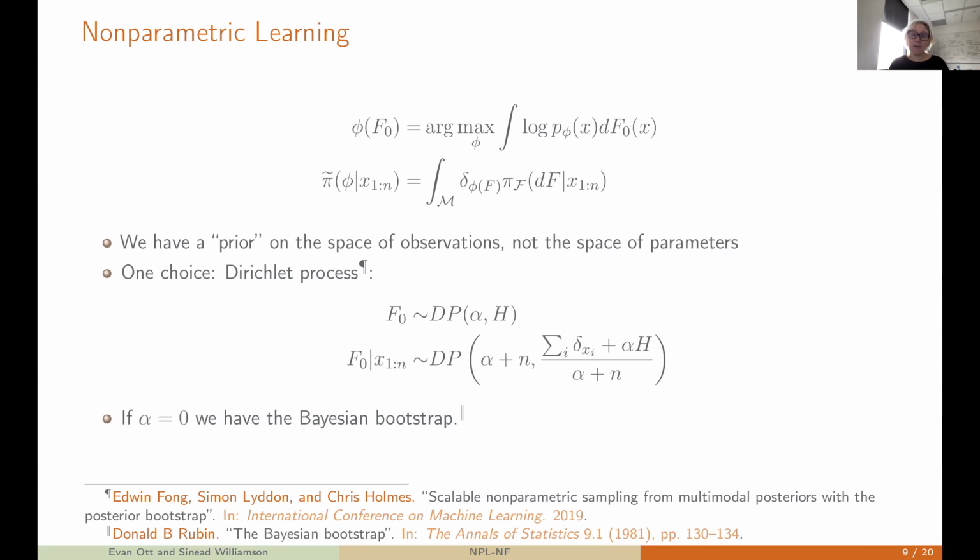So that's a nice thing. Our prior, or I keep putting prior in inverted commas, it's not really a prior, but our injection of uncertainty is on something that we know something about.